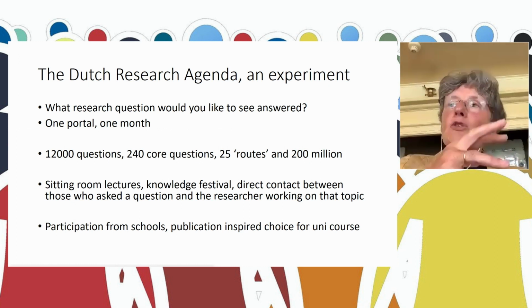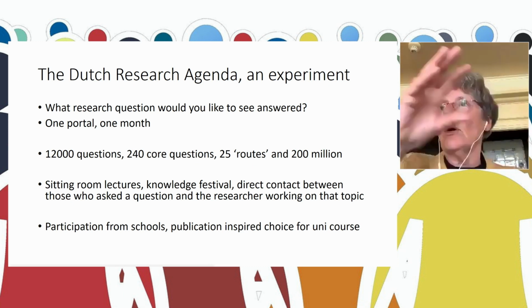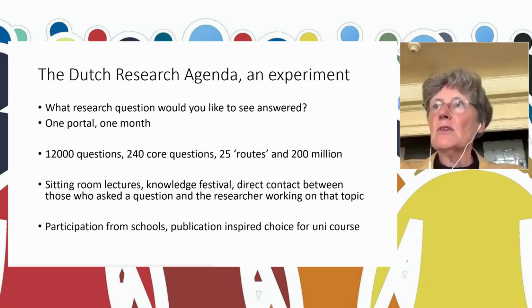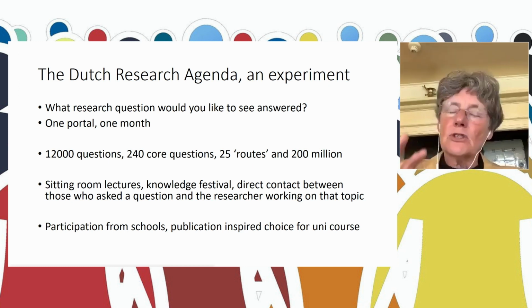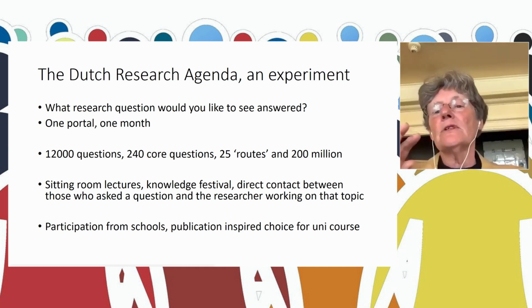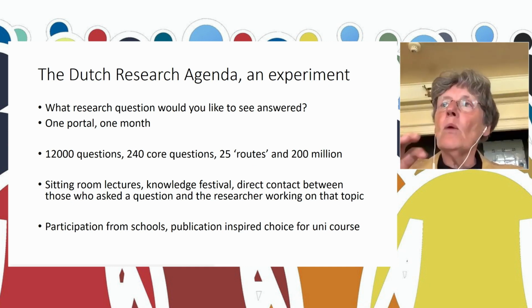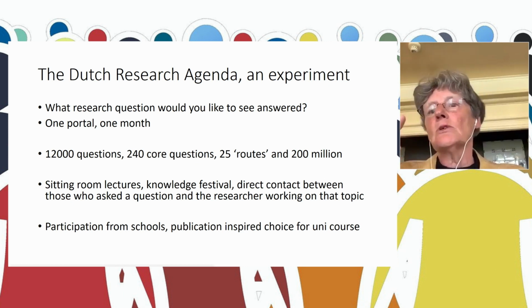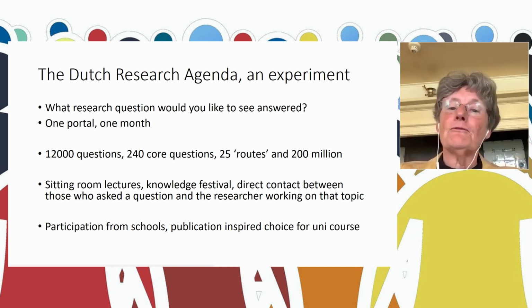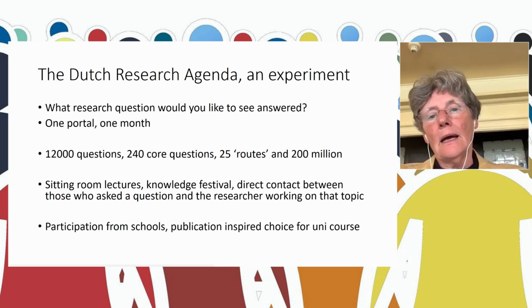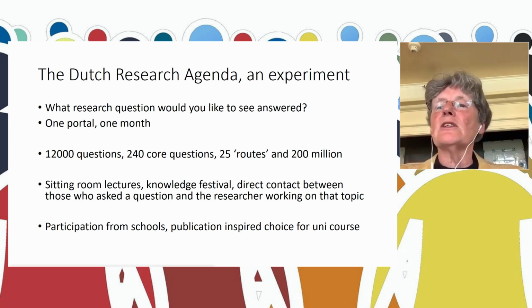And in those routes, we tried to bring together all the different disciplines and different research groups that were working on such a topic to exchange and combine their methods and their questions in a way so that society could see how the individual questions researchers were addressing fitted in a bigger policy area that they could relate to.